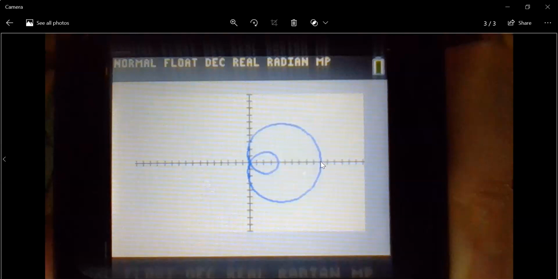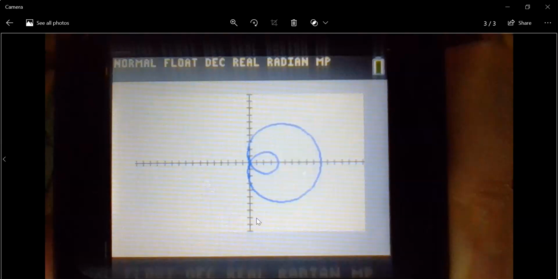It'll start here and graph up, follow my cursor over, get an inner loop, and then come around and hit. This is a special graph. I call it a limacon. You can read that in the book, but this is a limacon with an inner loop.